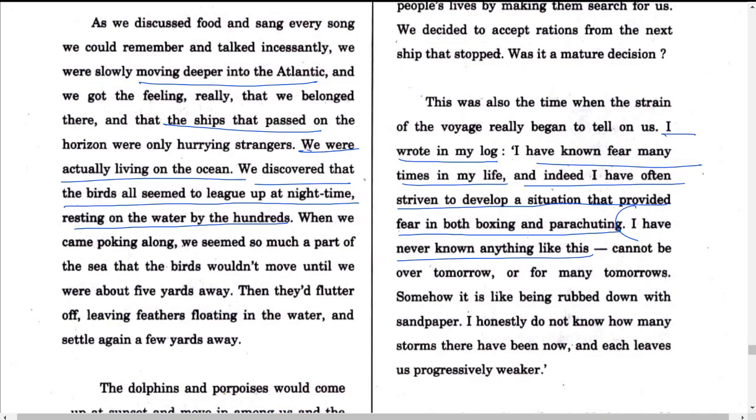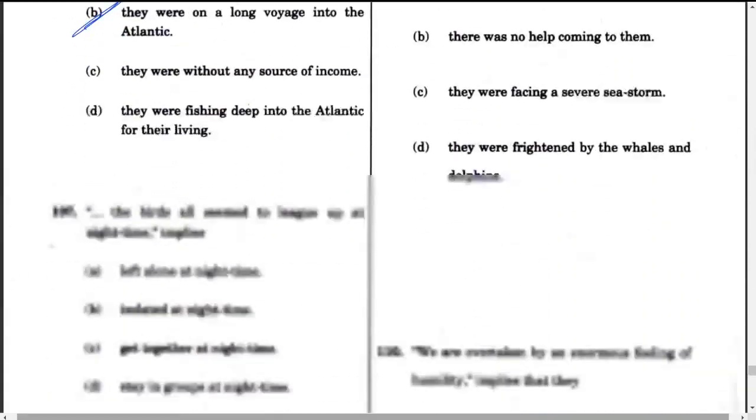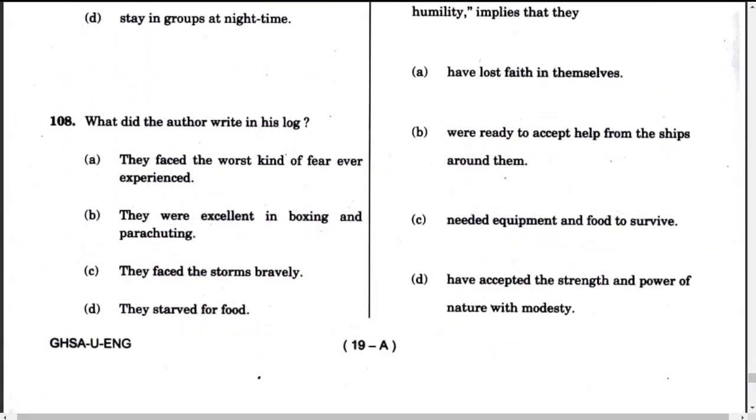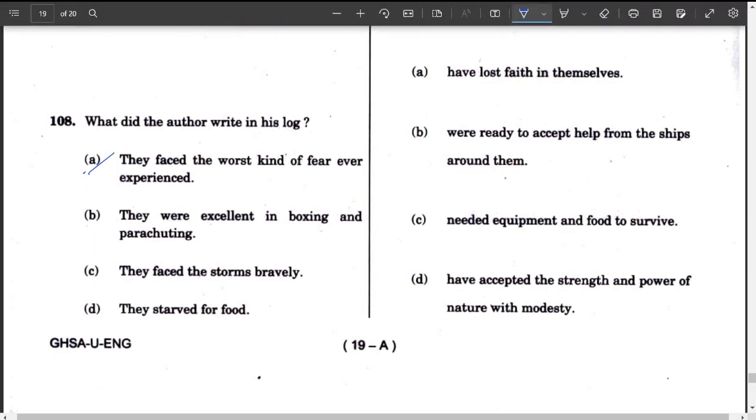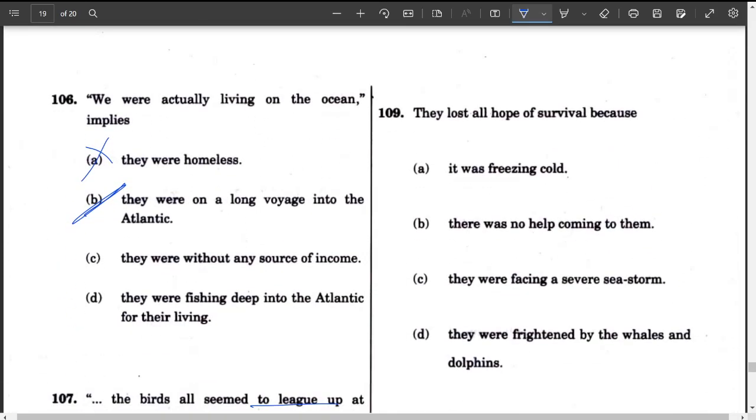That means I have seen many fears, but this type of fear I have never seen. Something is going on there, alright? So which one can you use here? What did the author write? They face the worst kind of fear ever experienced? Yes. He did not experience this type of fear before. A can be used.